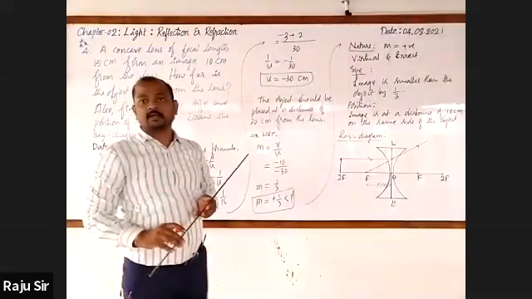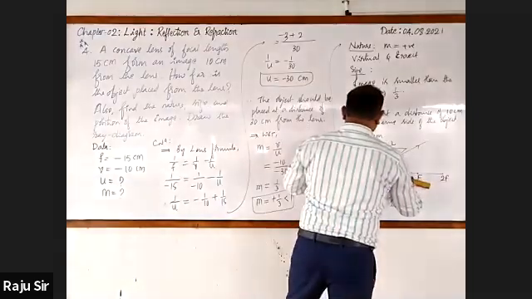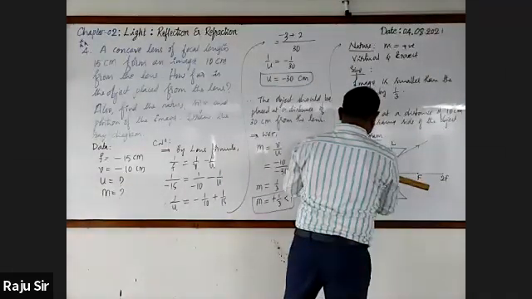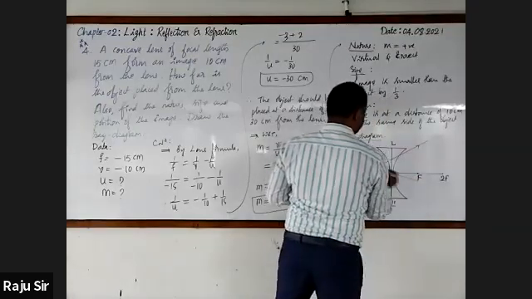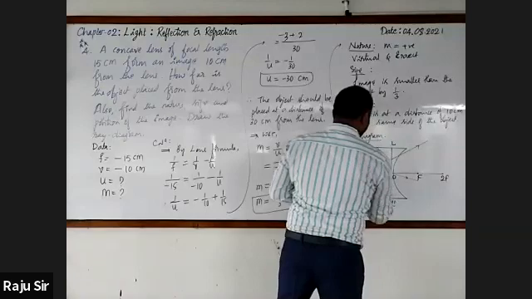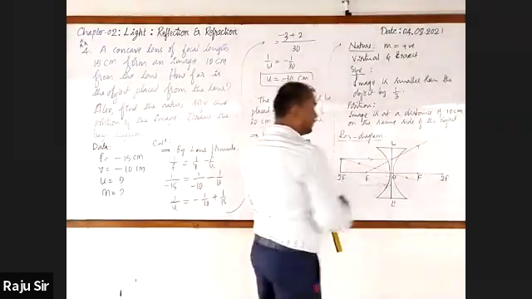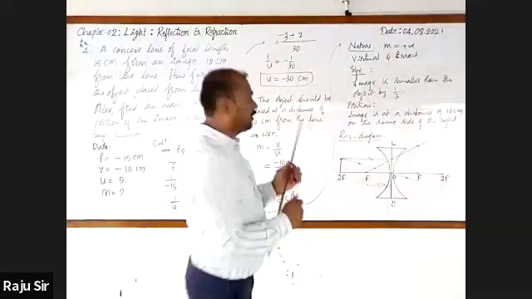Next, what is the second ray? Yes, optical center, through the lens, through optical center. Both will intersect at a point. That point lies between O and F. From that point, draw a perpendicular.